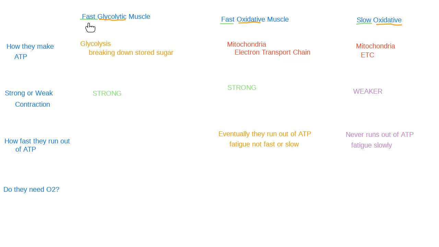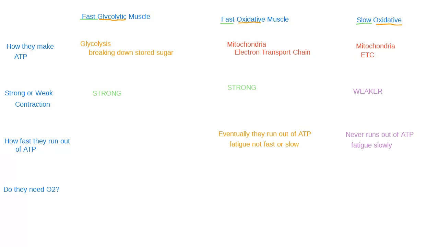When we talk about a fast glycolytic, the only way that these can make ATP is by chopping up the sugar that they already have stored. So I can't make any new ATP once I've used all of my stored sugar. So if I am a fast type of skeletal muscle and I can only break down sugar that I already have inside my muscle cell, these ones are going to run out of ATP really fast.